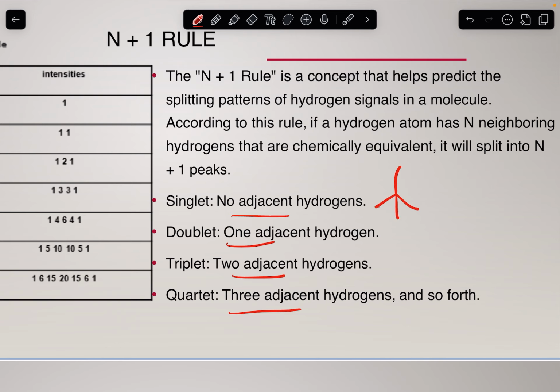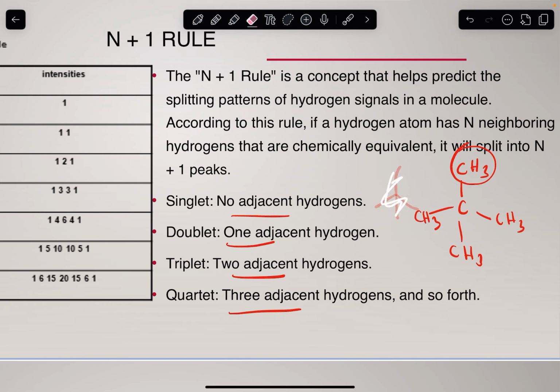You see how, let's draw it here. It would be CH3, CH3, CH3. And you see how there's no hydrogens on this carbon. So that means this would be a singlet, okay? And so on and so on. So let's say that we now turned this into a hydrogen.